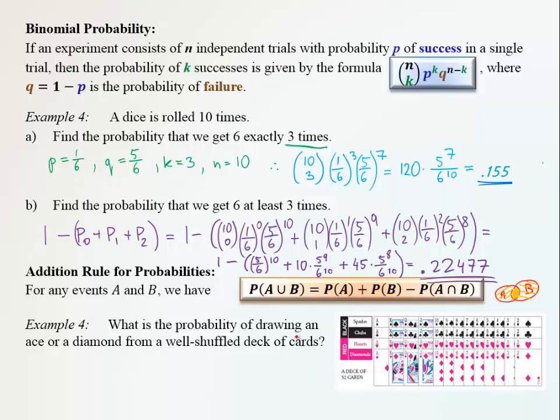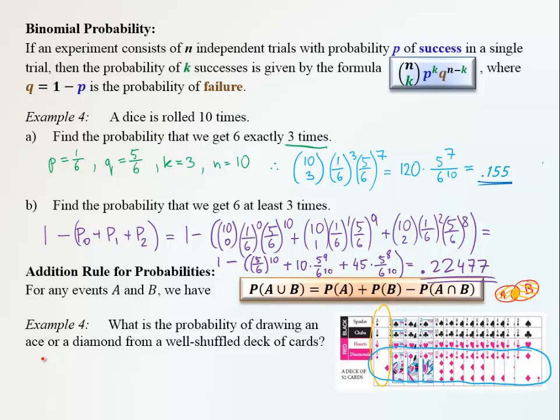Using this rule, let's solve the next problem. What is the probability of drawing an ace or a diamond from a well-shuffled deck of cards? And here we have a deck of cards. So even if we don't play cards, we see what this deck of cards is composed of. We have 4 aces here, and the diamonds are here. Okay, so these are the 2 overlapping sets.